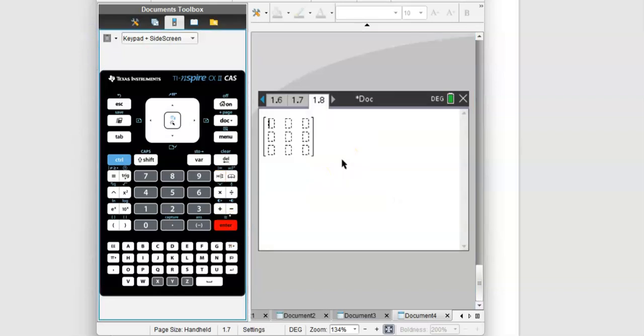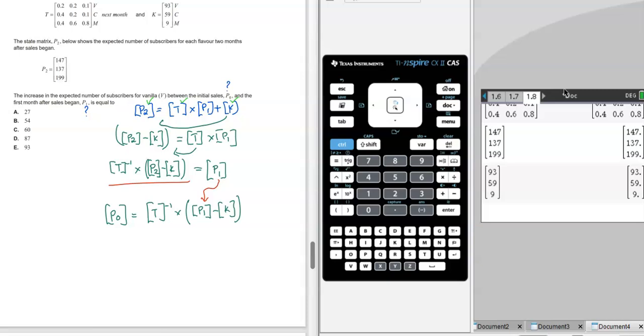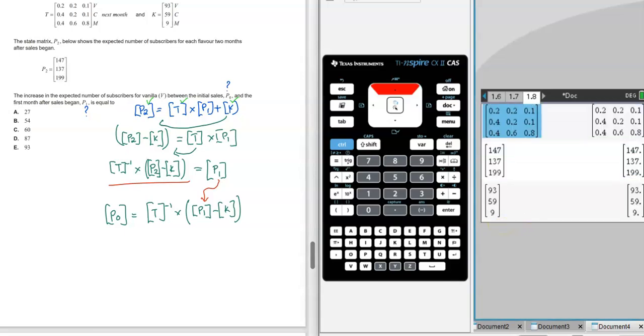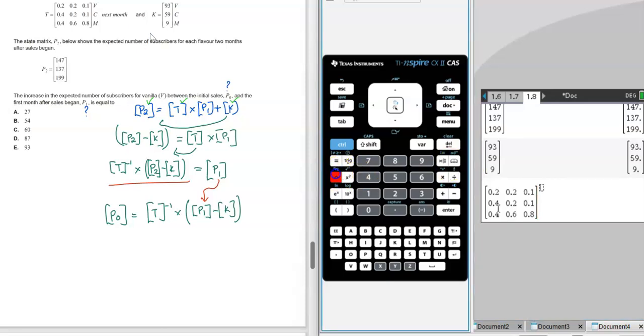I'm going to pop in our transition, which is a 3x3. So that's handy. 0.2. I'll pause it while I type it all up. All right, so what we want to do is essentially the transition to the negative power. I've typed them all in here just to get us going. So here's the transition raised to a negative power, and we would times that.